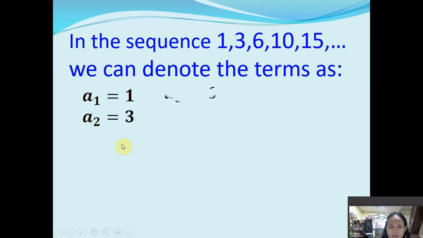And 6, that is our third term. 10 is our fourth term, so that is A sub 4. And 15, that's our fifth term, so A sub 5 is equal to 15. So this is how to denote our terms in a sequence.